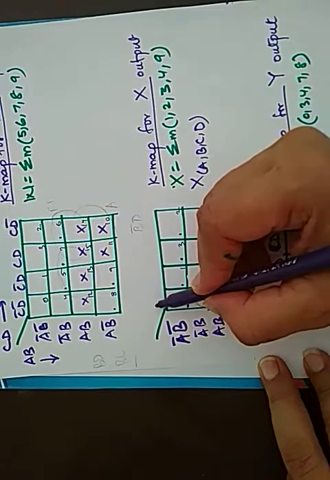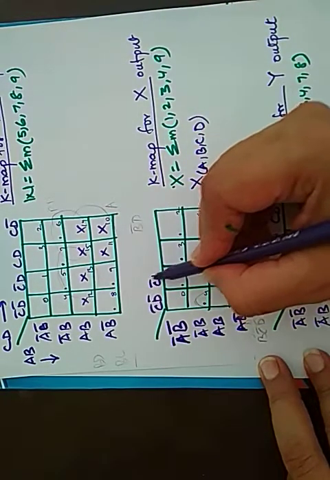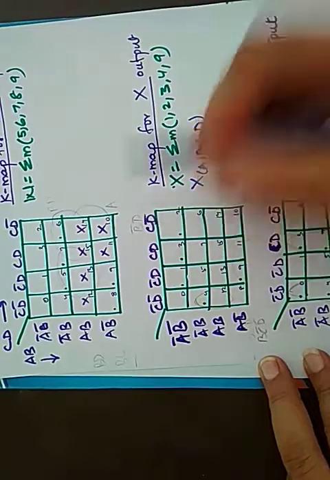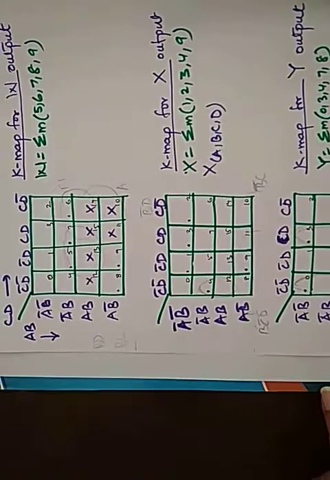On the column side, C bar D bar, C bar D, C D, C D bar. And the labeling 0, 1, 2, 3 and so on. So carefully label all the maps and number them properly.